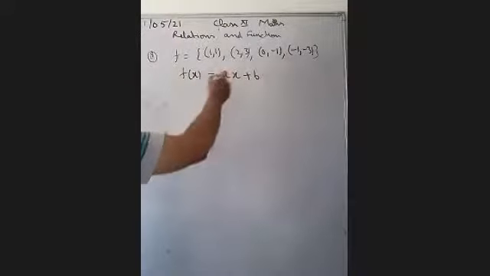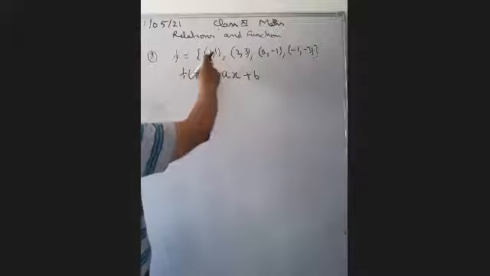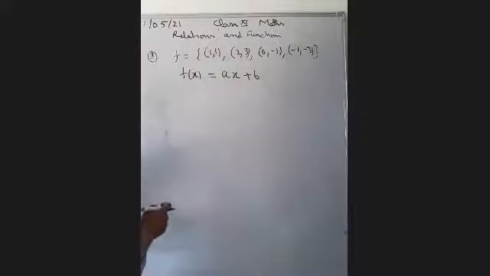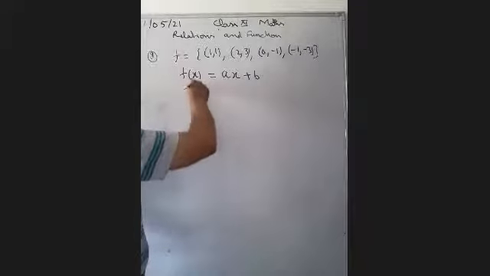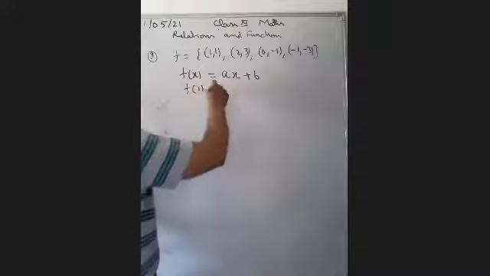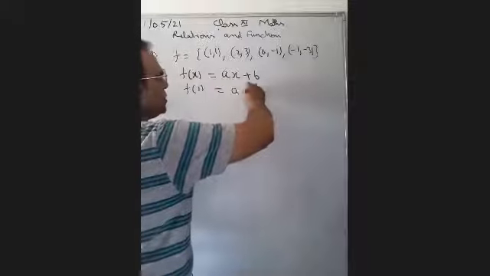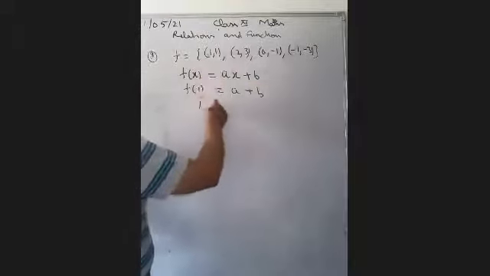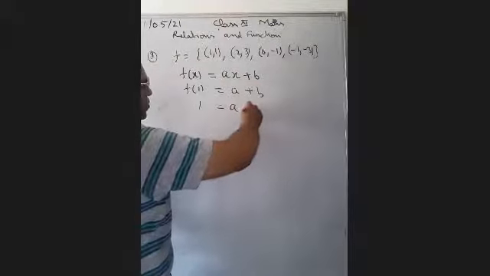So by giving these conditions, it means क्या? If you put x is equal to 1, so you will get the value of f1 is equal to 1. It means we are putting x is equal to 1 here in place of x, a plus b. Then f1 is equal to 1. यानी कि a plus b equal to 1.